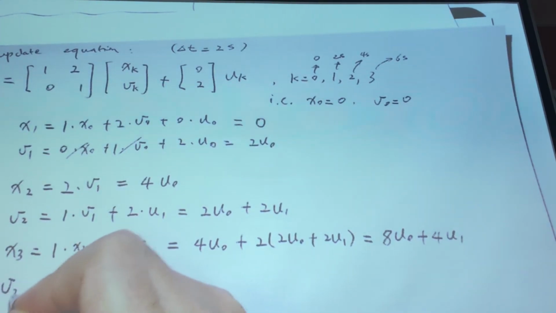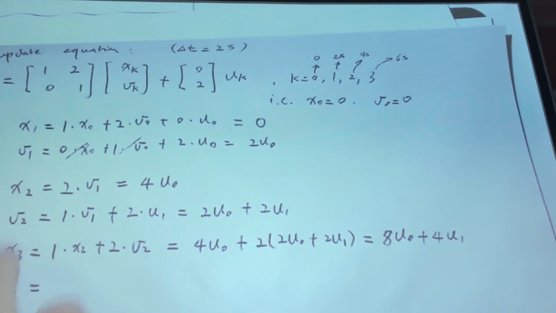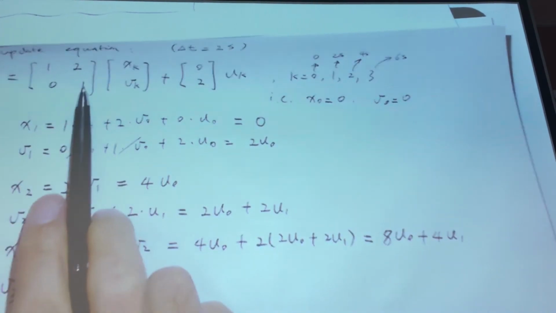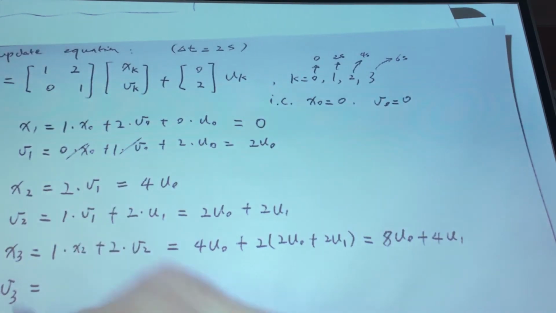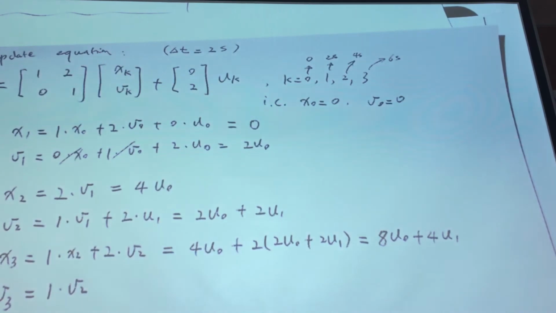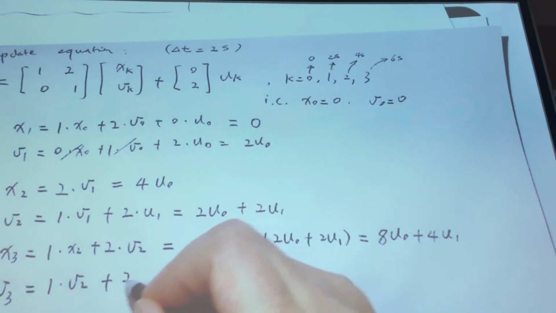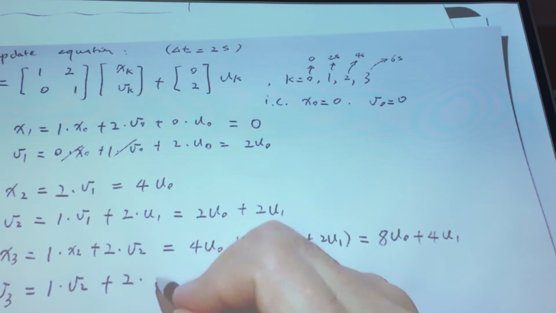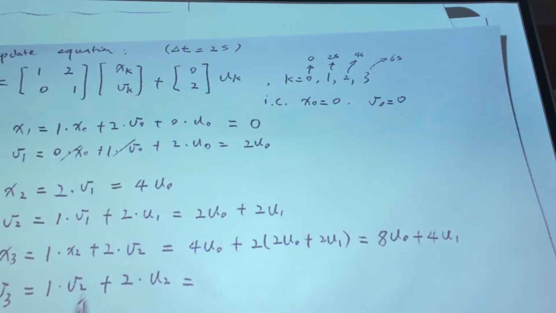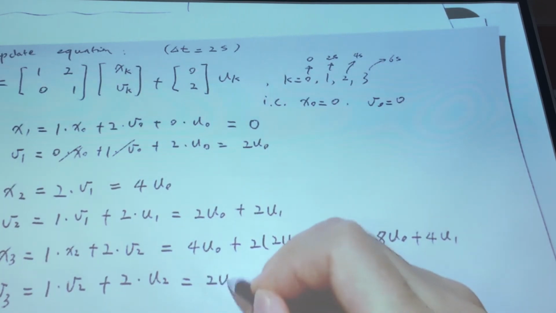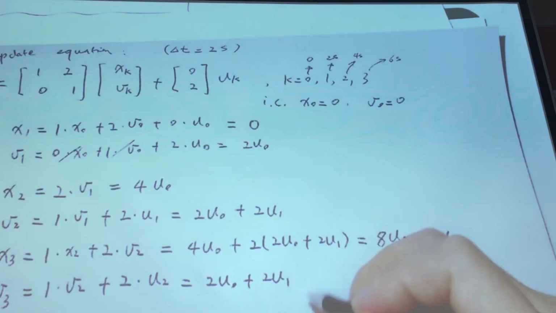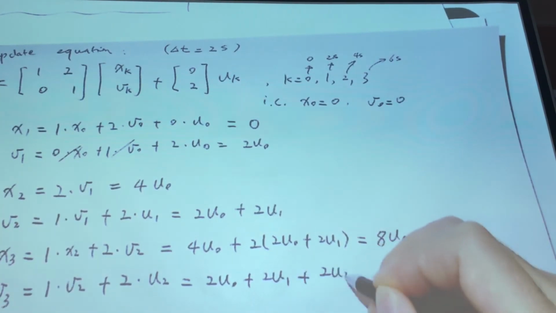And we can determine v3. So v3 is given by 0 multiplied by x2 plus 1 multiplied by v2 plus 2 multiplied by u2. This v2 is given by 2u0 plus 2u1, so v3 is 2u0 plus 2u1 plus 2u2.